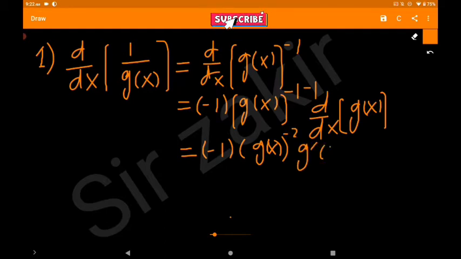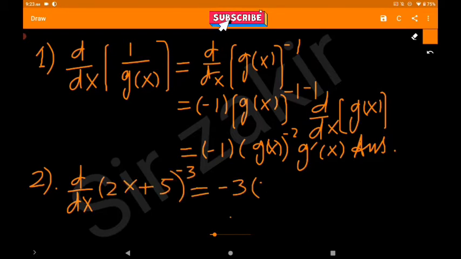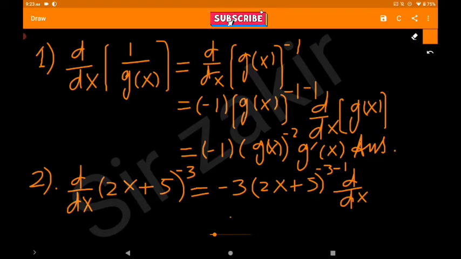Next is the derivative of 2x plus 5 power minus 3. We bring the power in the beginning by the same rule, then the function with power minus 1, and the derivative of the function without power. The function without power is 2x plus 5.